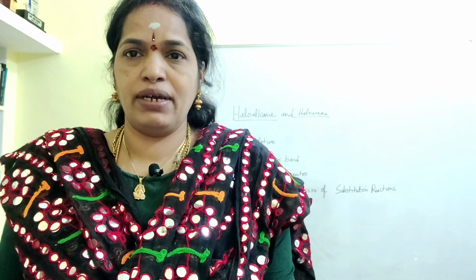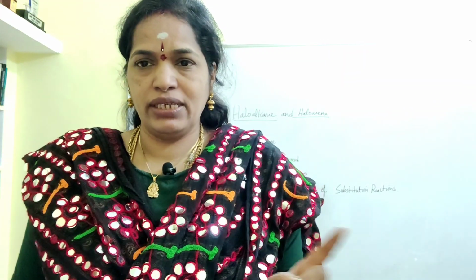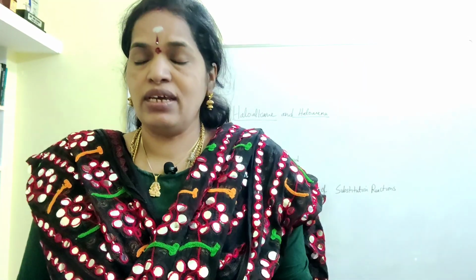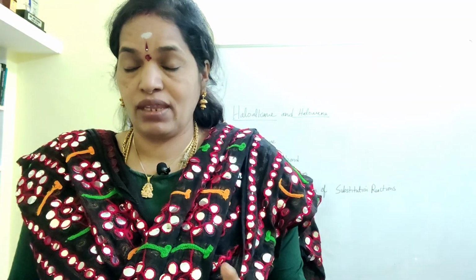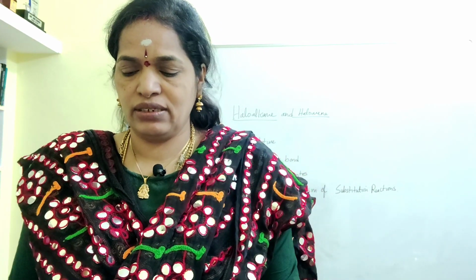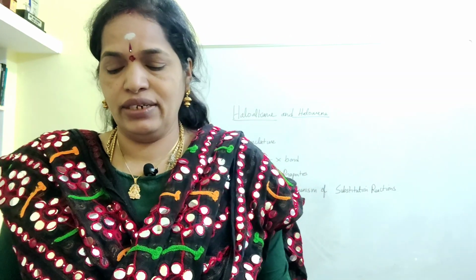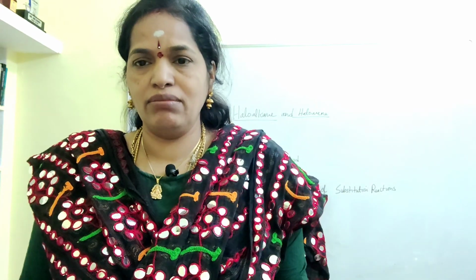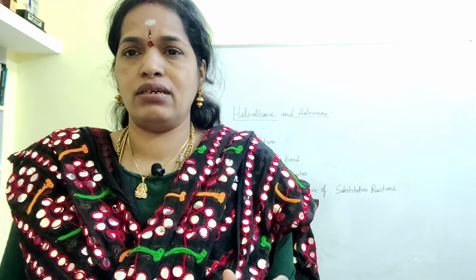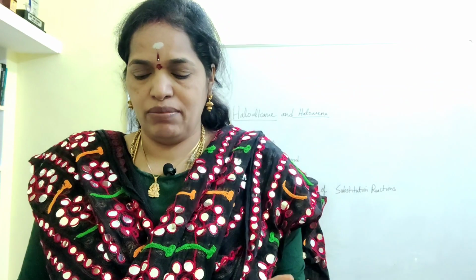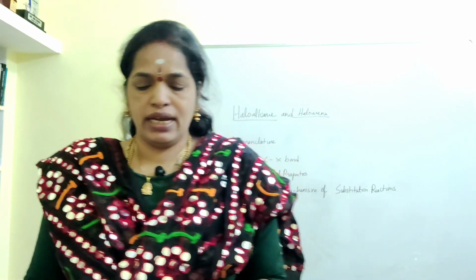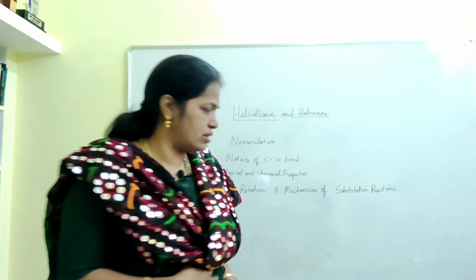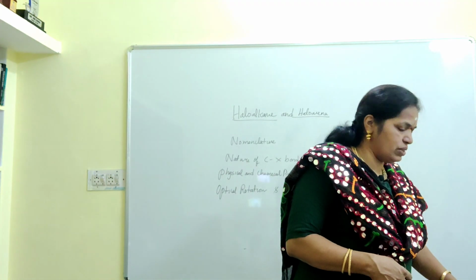One is the sp3 hybridized carbon attached to X, another is the sp2 carbon attached to X, and another is the sp hybridized carbon attached to X. So let us see an example in all these cases. Then you have dihalides, trihalides, and tetrahalides. For the dihalides there are two types. Geminal means both X are attached to the same carbon, and vicinal means the halogens are attached to adjacent carbons. So let us write one example now.